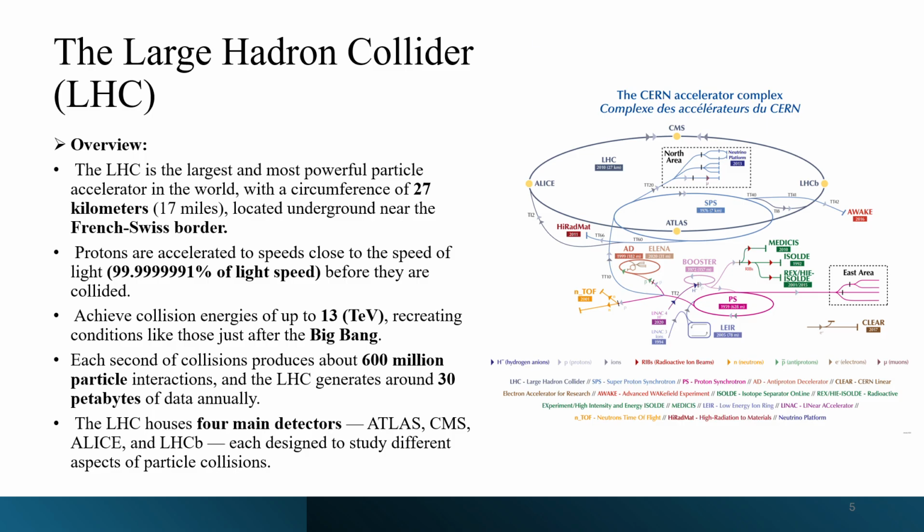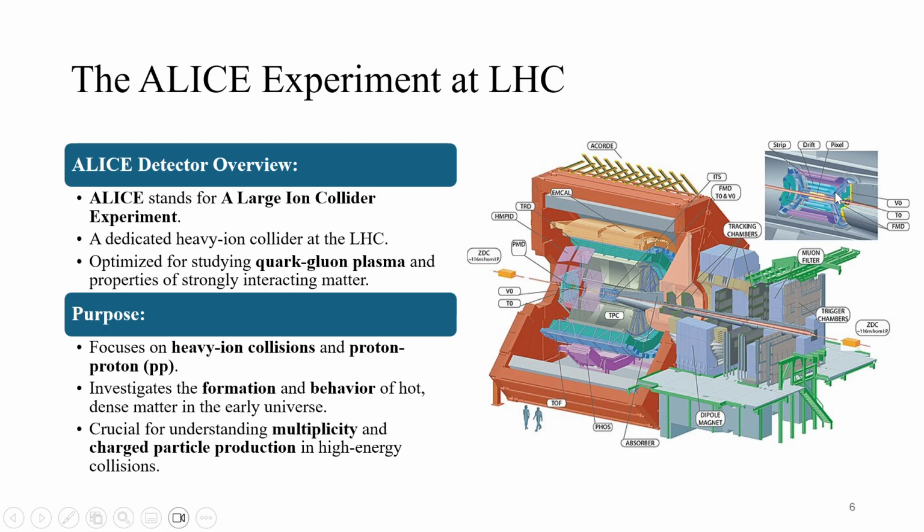Proton beams are smashed at four detectors, which are named CMS, ATLAS, LHCb, and ALICE. We are working on the ALICE experiment, and ALICE stands for A Large Ion Collider Experiment, which is a dedicated heavy ion collider.